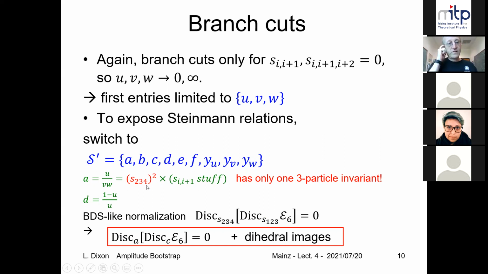Once we've isolated the three-particle invariants in these letters, it's easy to state that the consequence of this vanishing, in terms of these dual conformally invariant letters, is simply that the dual conformally invariant double discontinuities should vanish, plus all dihedral images. That means that at the level of the symbol, A cannot appear next to C, and by dihedral invariance, it can't appear next to B either.